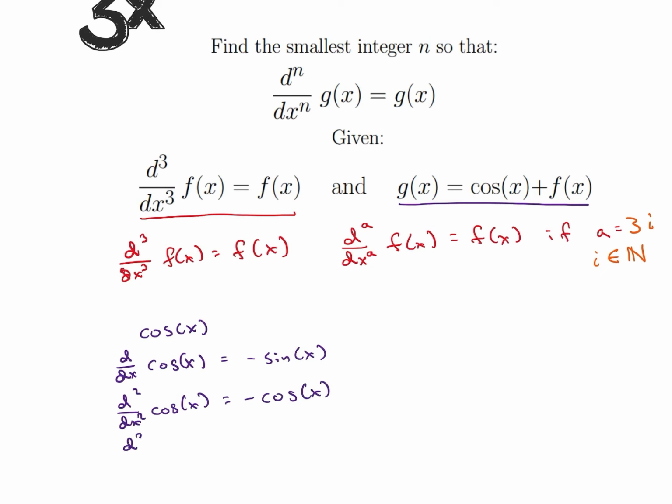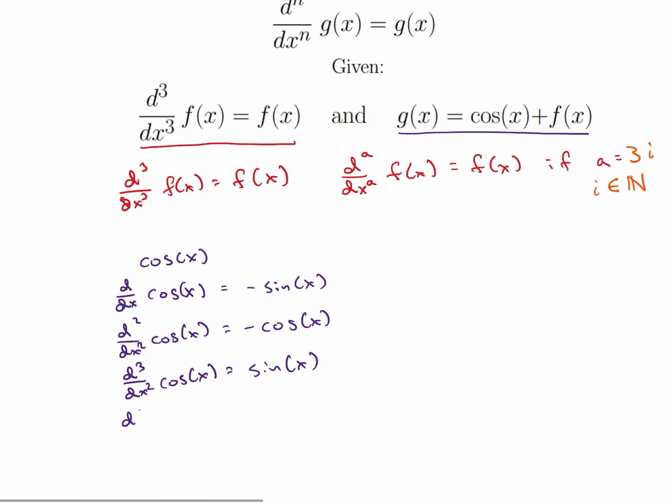And if I take the third derivative of cosine of x, it's going to give me sine of x. And if I take one more, the fourth derivative of cosine of x, I notice that I'm back to my original function. So I've looped around, and that happened with 4 derivatives.